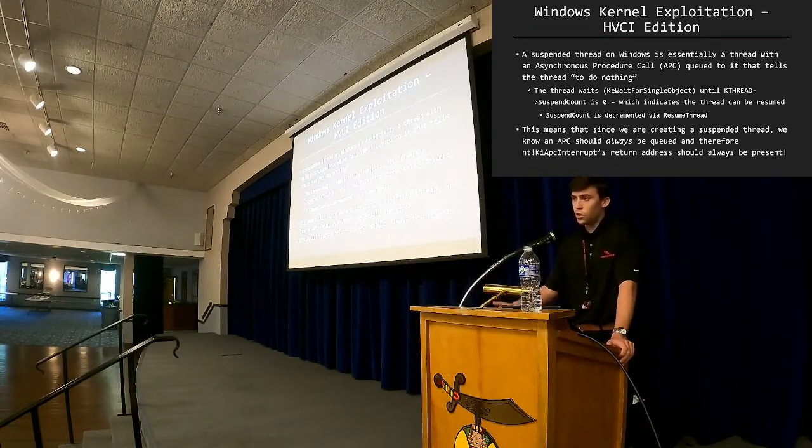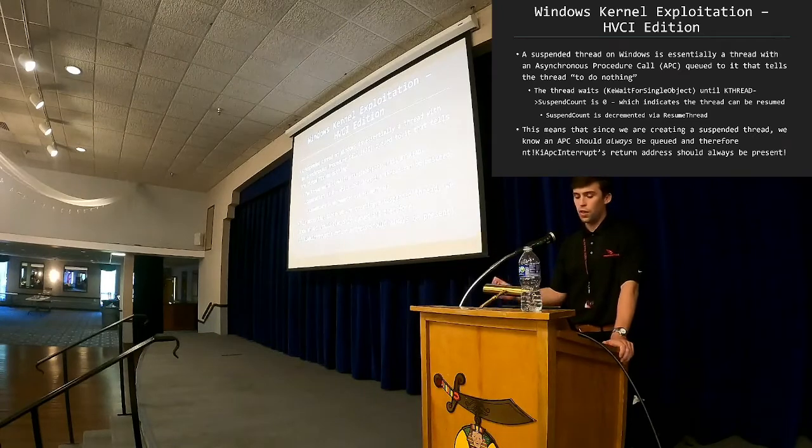The way the thread can start executing again is that it's basically waiting on an object, and that is the suspend count. Until the suspend count of a KTHREAD is 0, your thread is going to be suspended. When we call suspend thread, or when we create a suspended thread, the suspend count is set to 1, and we decrement that by calling resume thread.